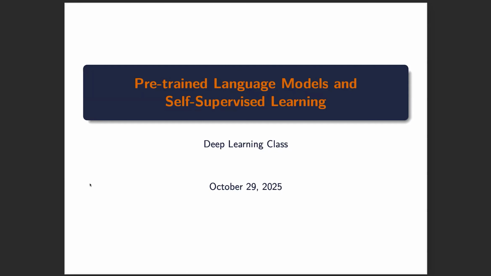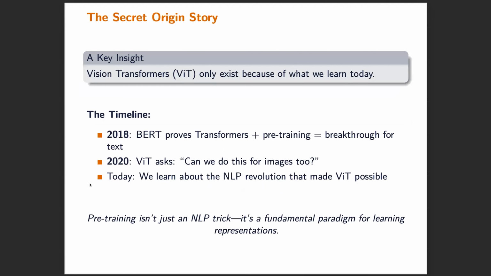Okay, so let's continue our discussion on using transformers on large data sets to obtain pre-trained models. And here we want to switch from the vision transformers to language models. The vision transformer idea actually came after what we are going to talk about today.